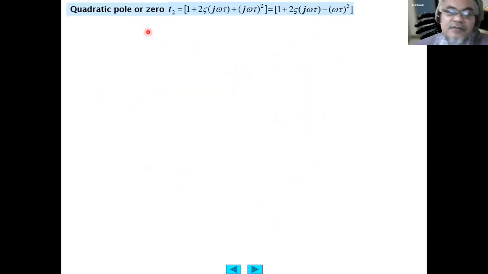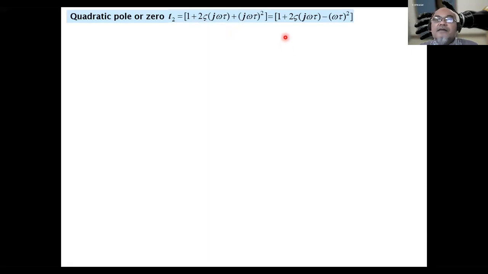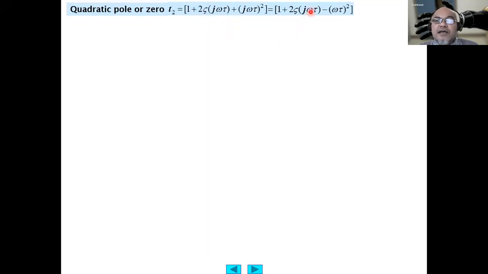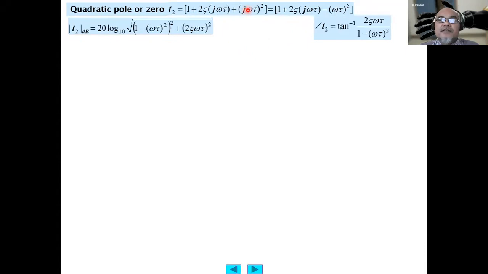Now, a more difficult approximation for the quadratic pole or zero, 1 plus 2 zeta j omega tau plus j omega tau squared, equals 1 plus 2 zeta j omega tau minus omega tau squared.